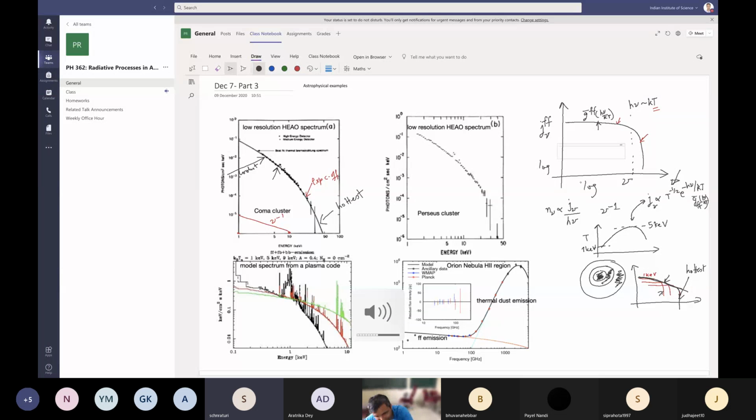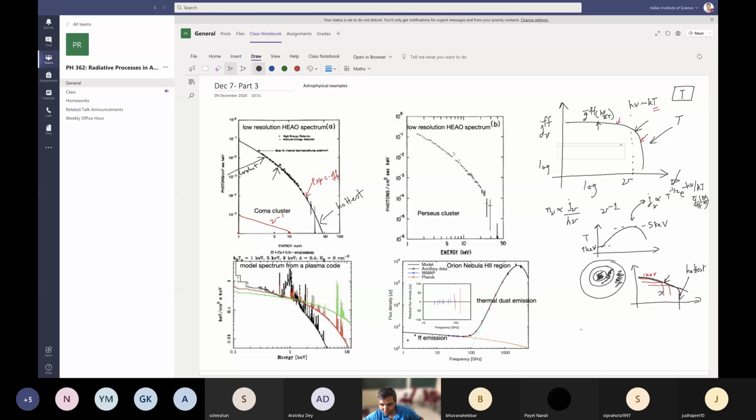Yes. So basically, this is a model spectrum for a single temperature. So basically, you have a plasma which has a constant temperature, right? So this is the model spectrum that you get. But if you have a range of temperatures, then you have to add these up, right?